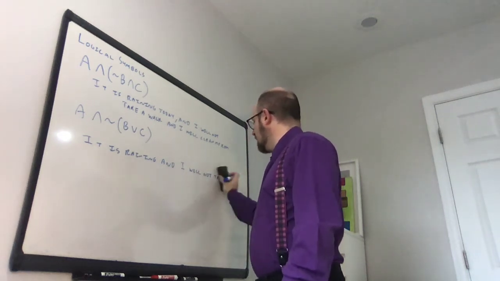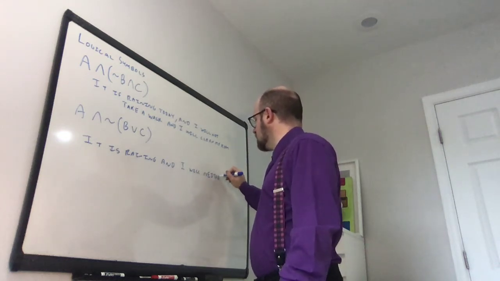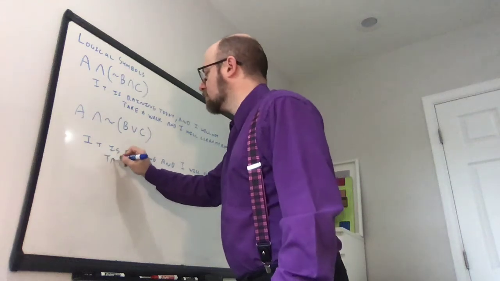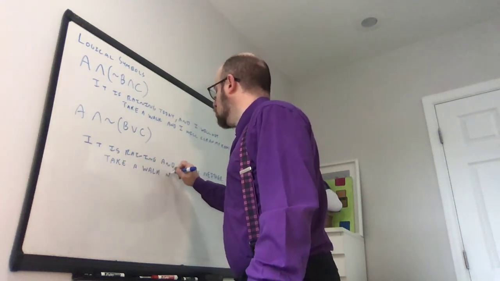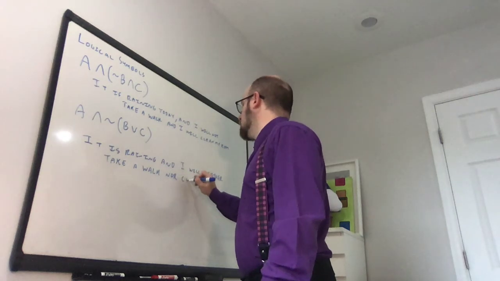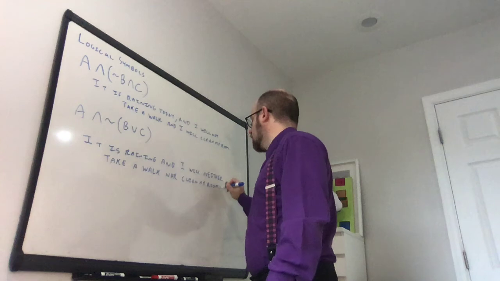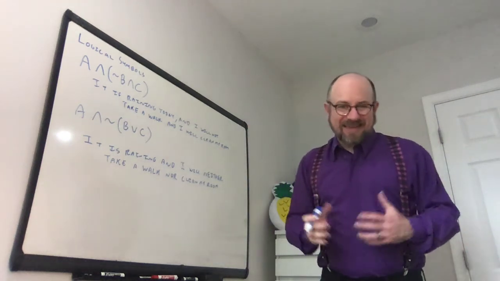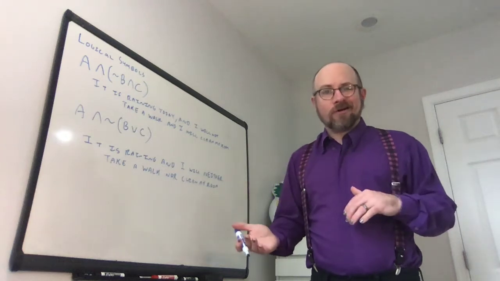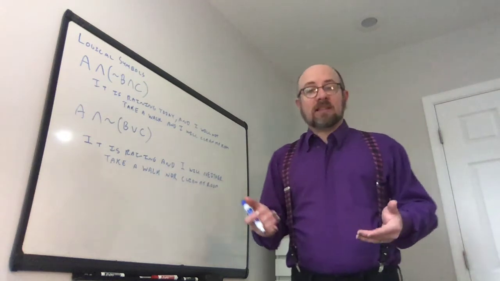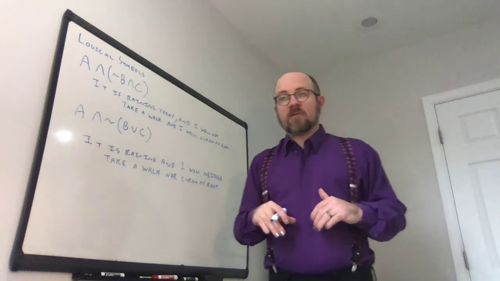I will neither, let's say, neither take a walk nor clean my room. Okay? And this seems awkward, right? We don't say neither and nor that often. But if we want to be logically precise, we need to use those particular words here.